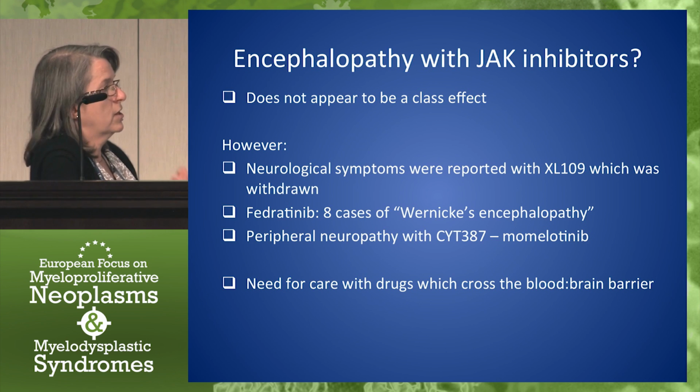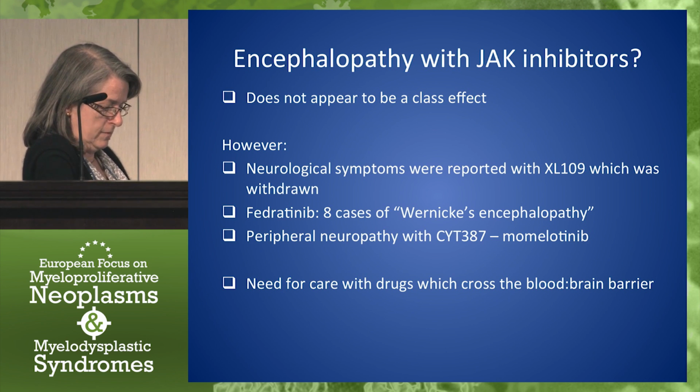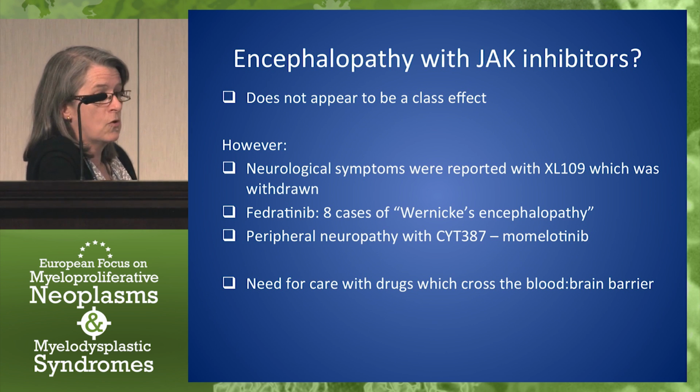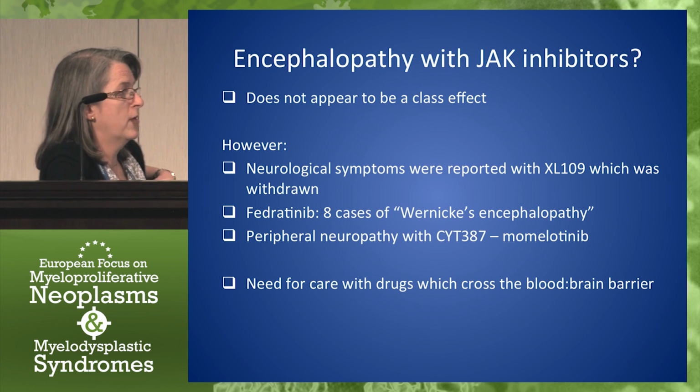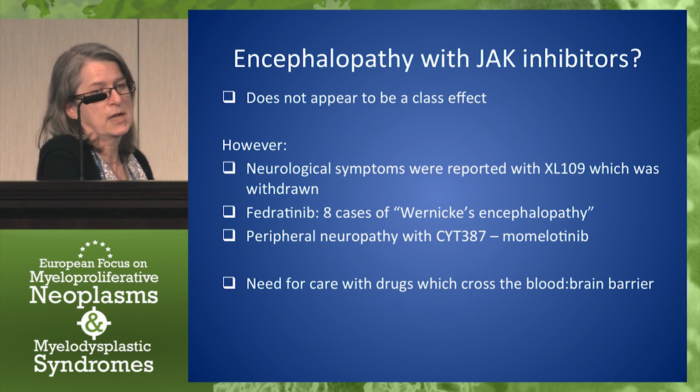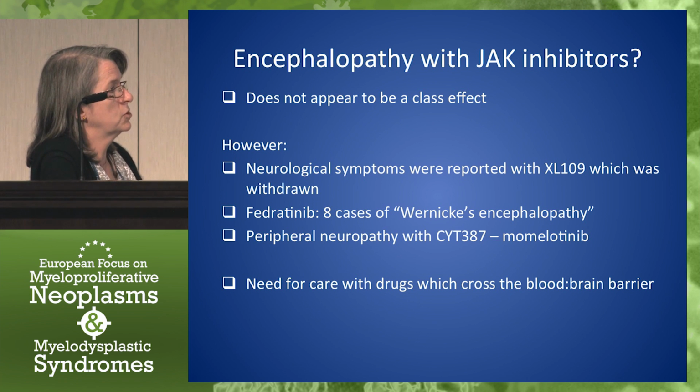However, as we've heard before, it has been reported with this drug, XL019, which was withdrawn because of the neurological symptoms. Fedratinib, 8 cases, and you do get some peripheral neuropathy with momelotinib as well. So there is potential all the time for neurological side effects with these drugs, which we need to be aware of.